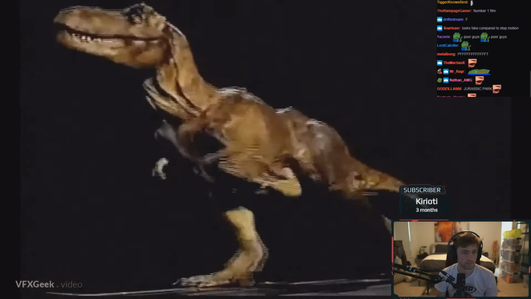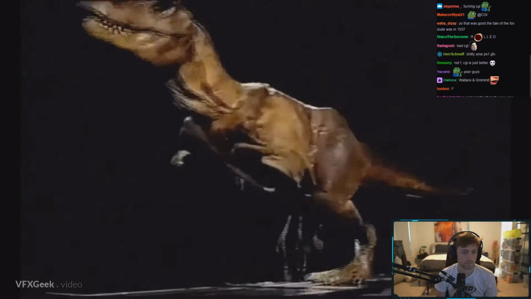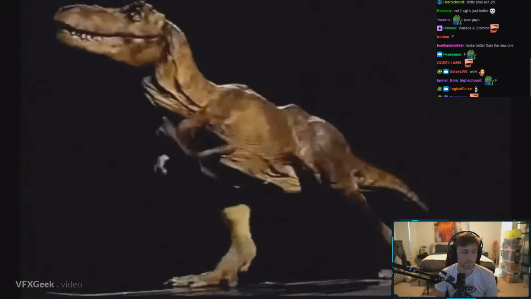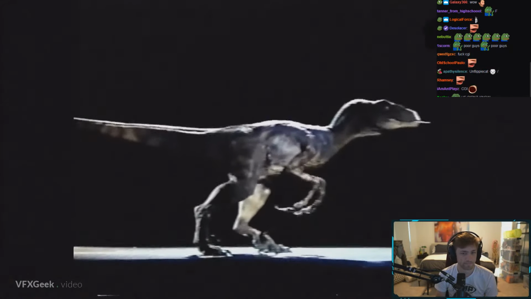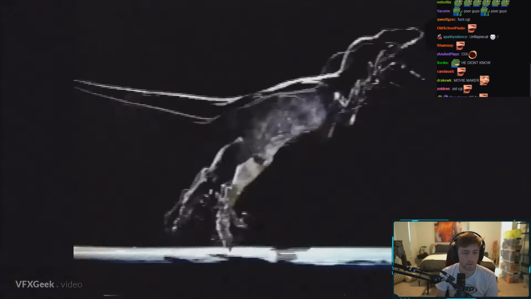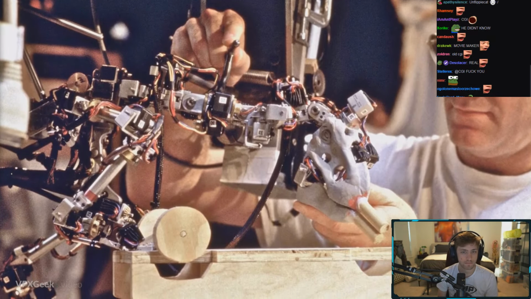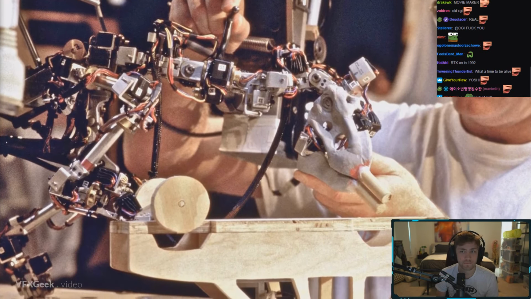Still, looking at those early T-Rex Go Motion animation tests, I would say they look very impressive. Because of a lack of skilled 3D animators at the time, it was stop-motion animators that gave life to those dinosaurs.